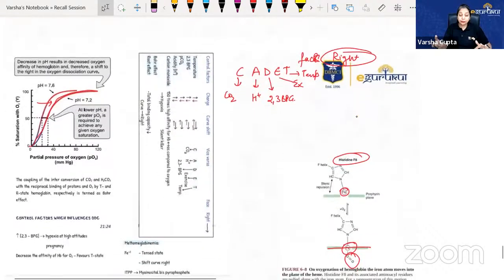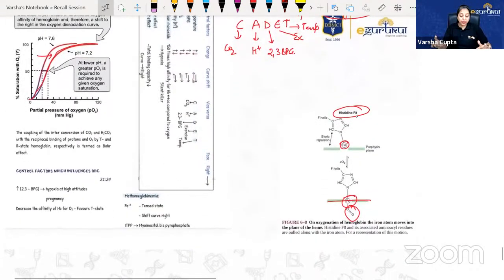I'm pretty sure my students have picked that the binding of 2,3-BPG to the histidine center in the hemoglobin molecule, which is bound to the iron, leads to the conformational change, which makes the hemoglobin release the oxygen.